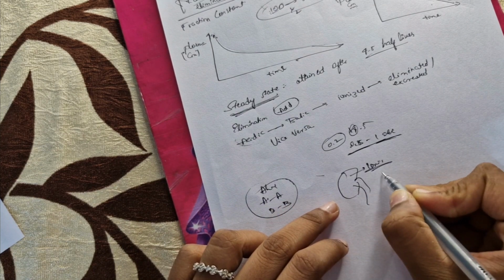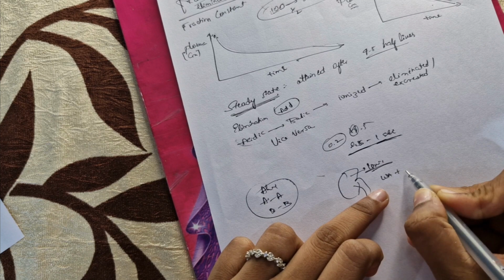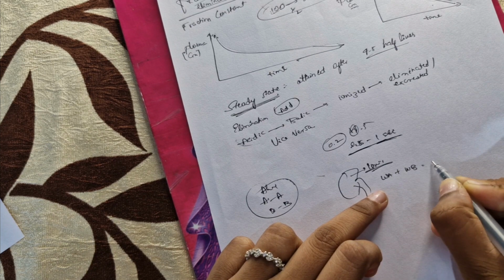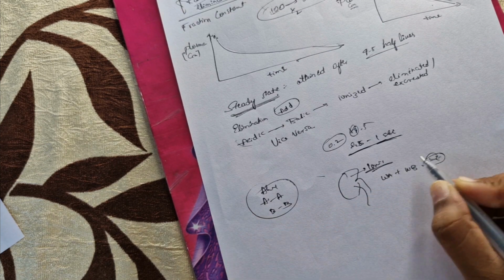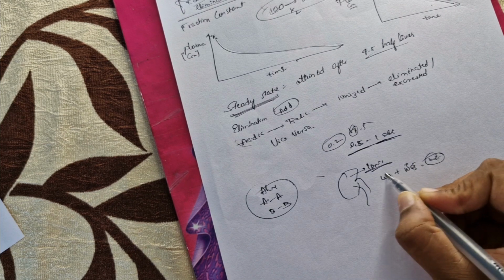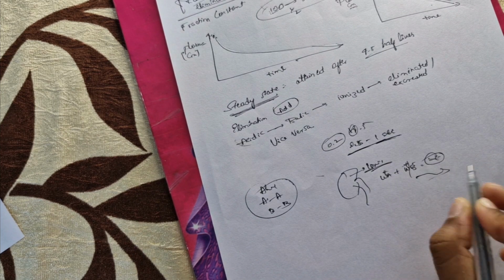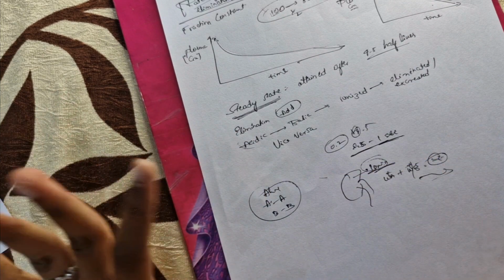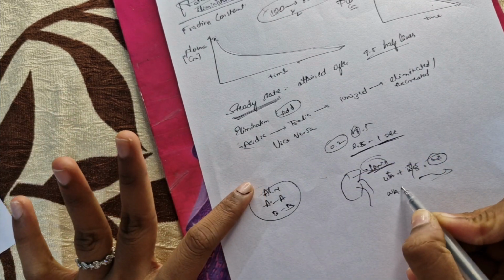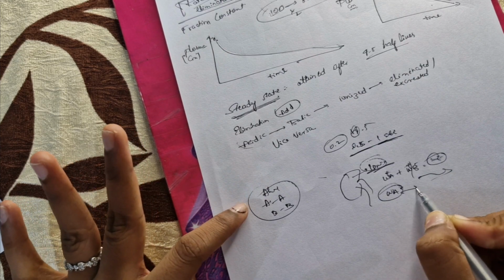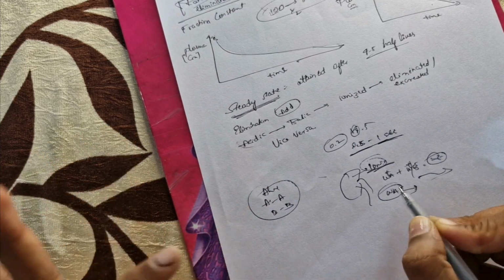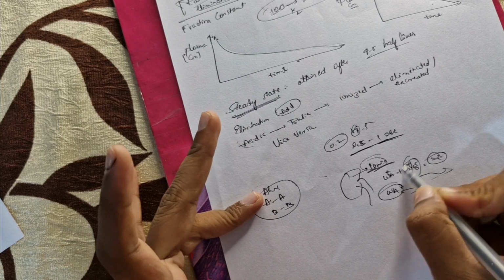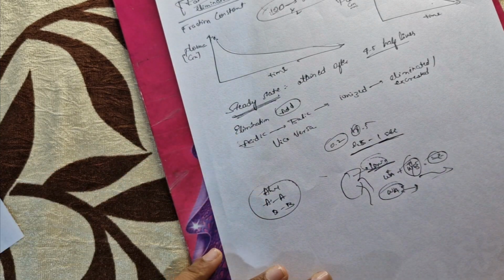Ionized form means, for a weak acid, there should be a base so that it ionizes, it breaks, and then it is easily eliminated. It should not be in unionized form. Unionized means combined form. So for a weak acid, we have to alkalinize the urine so that we can eliminate. For a weak base, we have to acidify the urine.